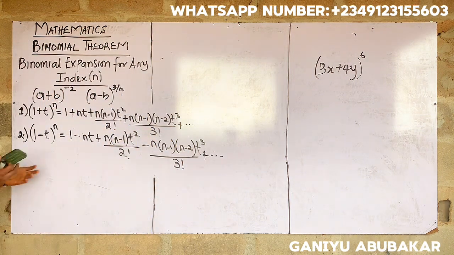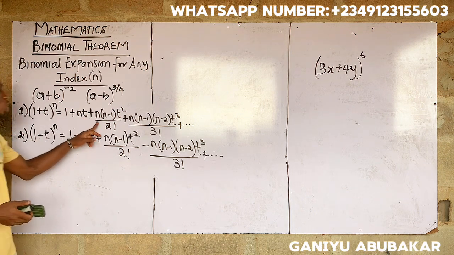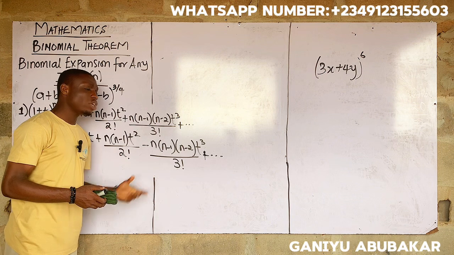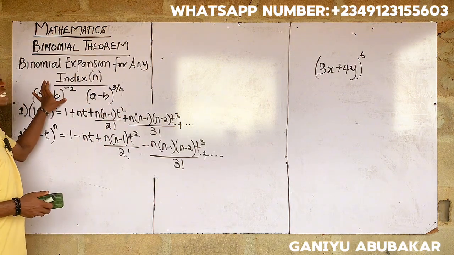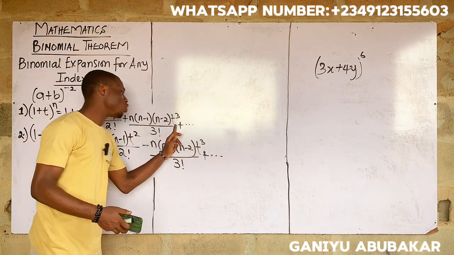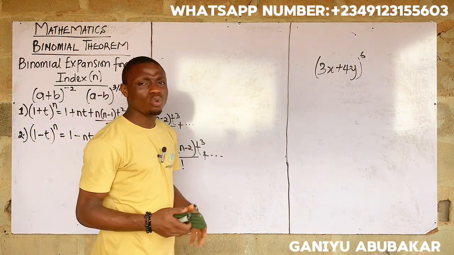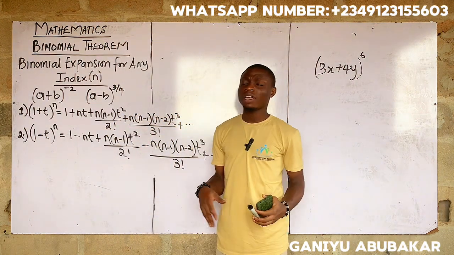So let me explain this, please. We call this the first term, second term, third term, and fourth term. So they can tell you to expand, let's say, this question to its fourth term. Fourth term means that you have to write out everything up to this point. But for your level, you're always asked to write out to the fourth term, maximum. They can't give you a fifth term.